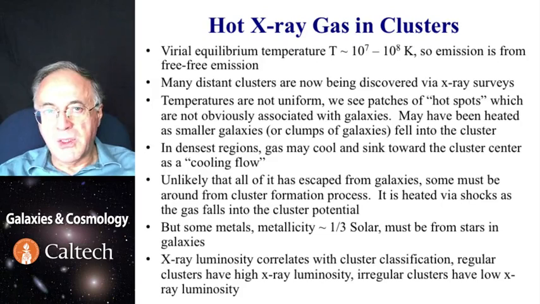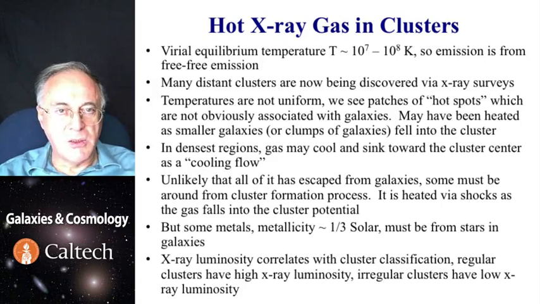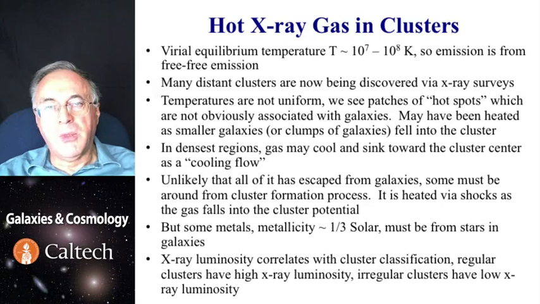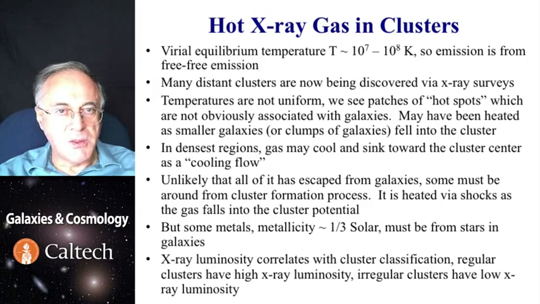And the reason we know this is that the gas is not pristine. It's not just hydrogen and helium, but it contains metals, at roughly an abundance of 1/3 solar. So we know that some of that gas came through chemical evolution in stars, in galaxies. And the X-ray properties correlate fairly well among themselves and also with other physical properties of clusters.